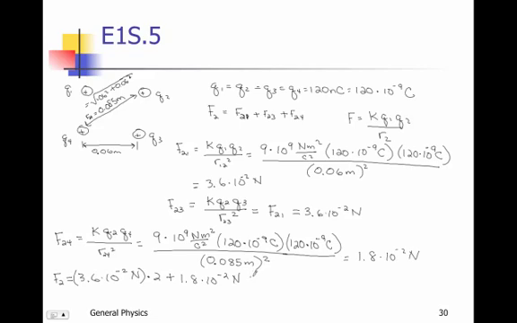And we get 9.0 times 10 to the minus 2 newtons, which is equal to 0.09 newtons.